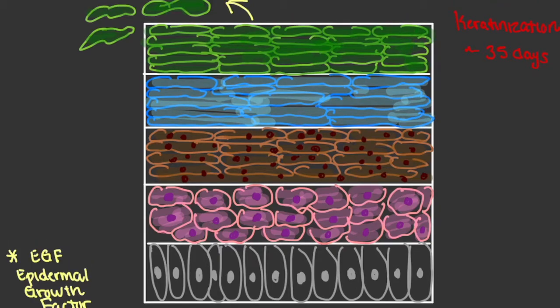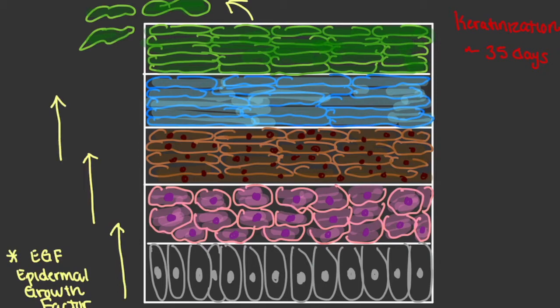And so over the length of time for our 35 days, what we'll begin to see is that the layers of tissue that are in the stratum basale begin to move upwards into our next layer, which is the stratum spinosum. And from the stratum spinosum, our layers of tissues move upwards again into the stratum granulosum. And from the stratum granulosum, if it is present, it moves into the stratum lucidum.